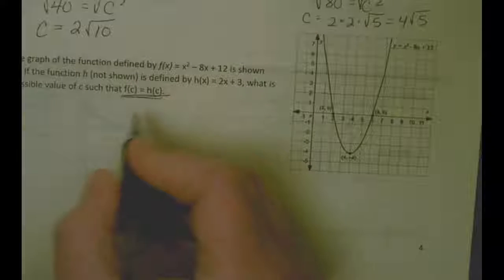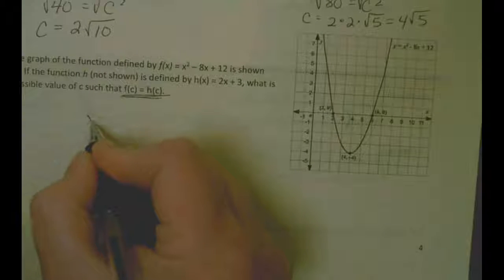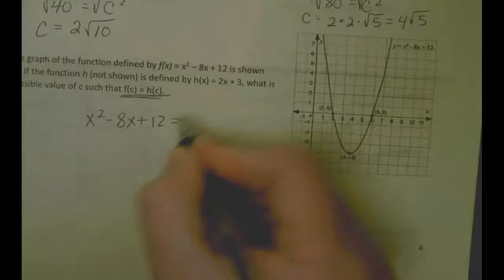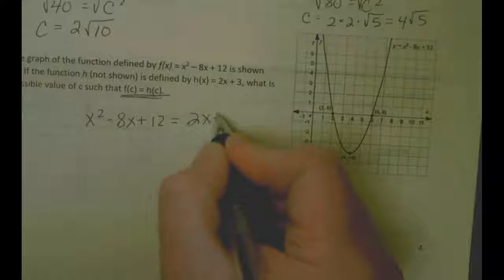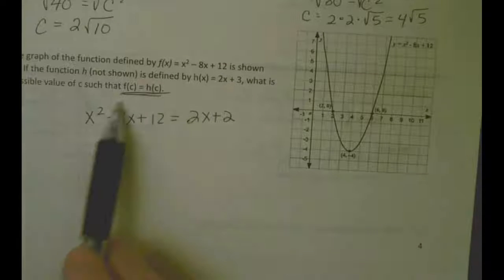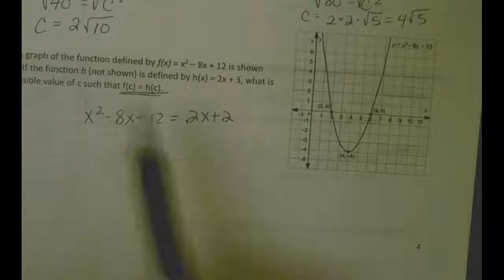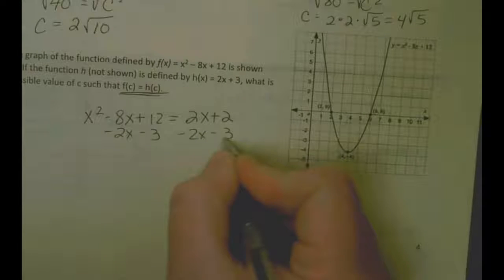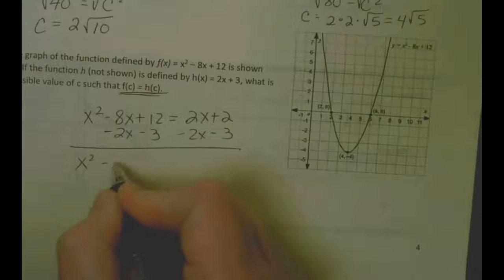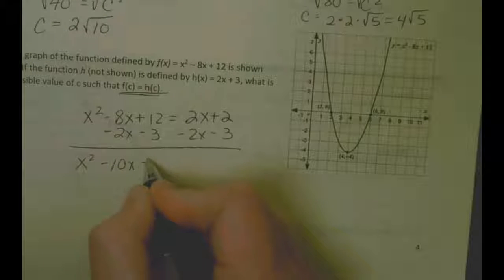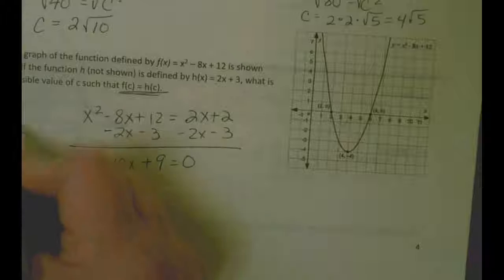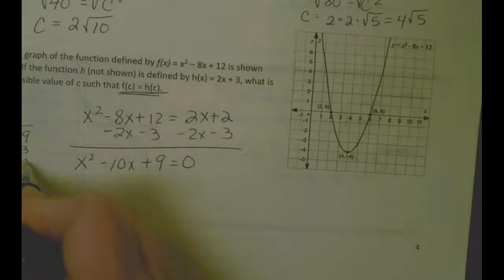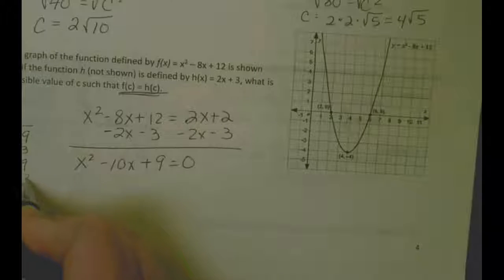This tells me to put function f equal to function h. This is a quadratic because x is squared. I need to have it equal to 0 in order to solve it. The factors of 9 are 1 and 9, 3 and 3, negative 1, negative 9, negative 3, negative 3.